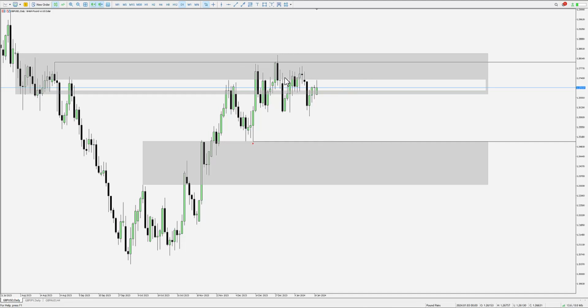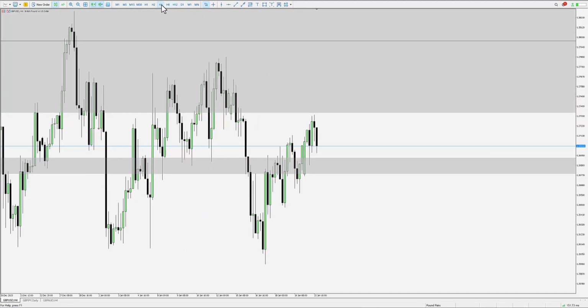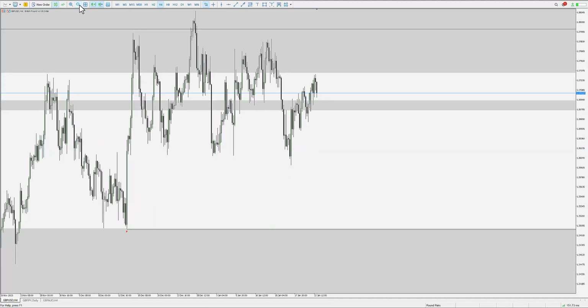So this level, you can see already market is just consolidating, most probably redistributing here for another expansion to the downside. This level is vulnerable. 1.25 on pound USD is the draw on liquidity. Should be looking for market to be drawn to those levels.